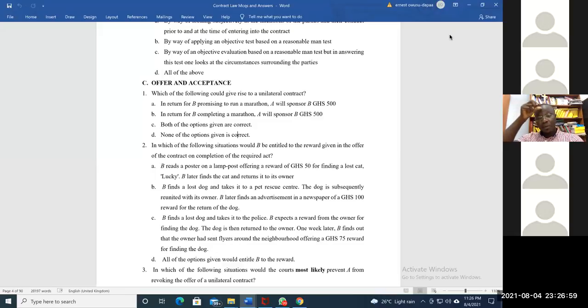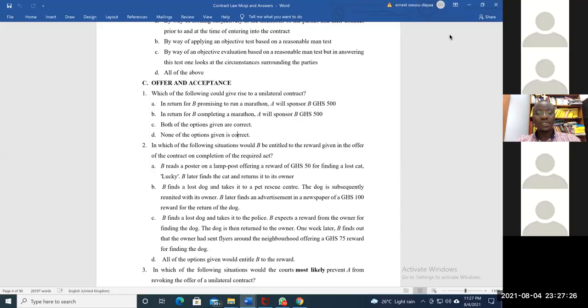B expects a reward from the owner for finding the dog. The dog is then returned to the owner. One week later, B finds out that the owner had sent flyers around the neighborhood offering a 75 Ghana cedis reward for finding the dog. D, all of the options given will entitle B to the reward.